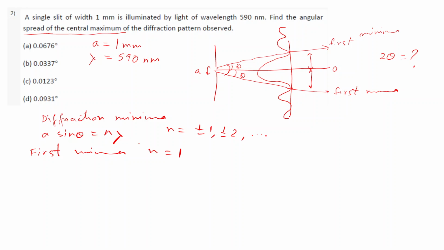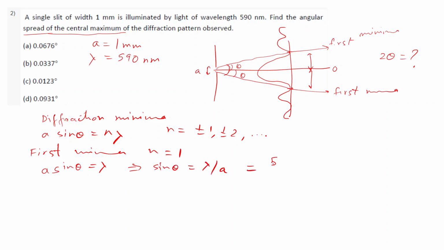So we'll put n is equal to 1 here. So a sine theta is equal to lambda, and sine theta will be lambda by a.